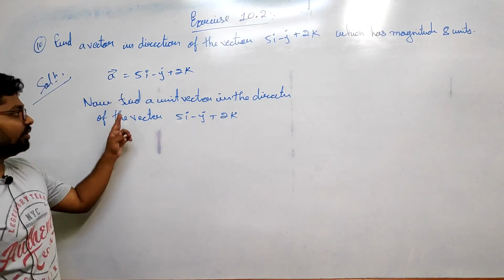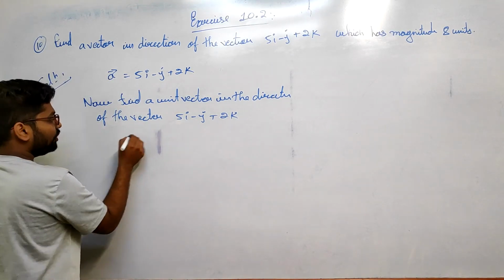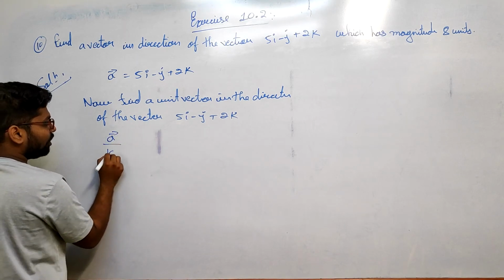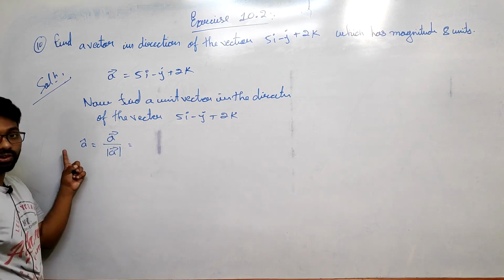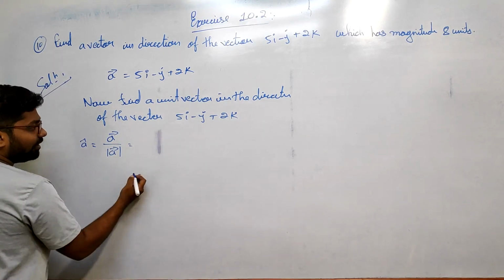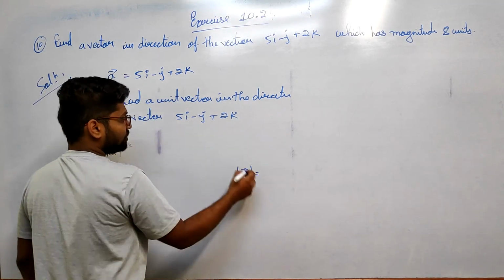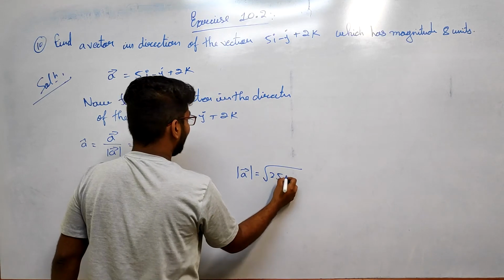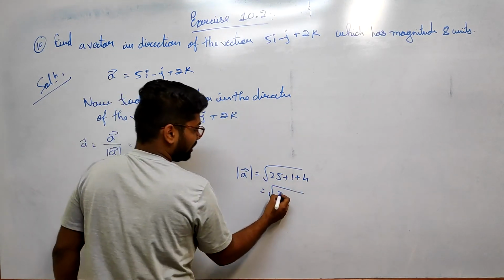So this is your unit vector in the direction of this vector itself. What we will do: a bar divided by modulus of a bar is the formula, that is, a cap, the formula for the unit vector. So therefore what is modulus of a bar? First we'll find modulus of a bar over here. Modulus of a bar is what? Root of 5 square is 25, plus 1, plus 4, 25, 26, 30.